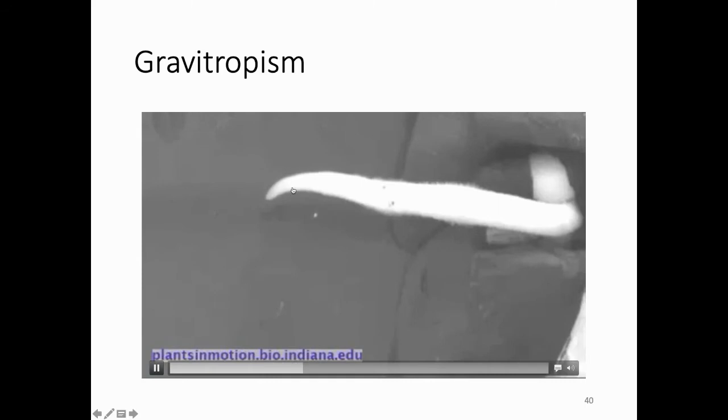The root tip will grow toward the direction of gravity, but the part that has already grown up is not able to bend itself. Only the younger part can.